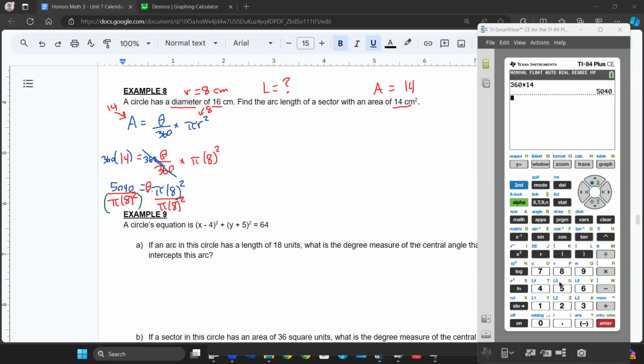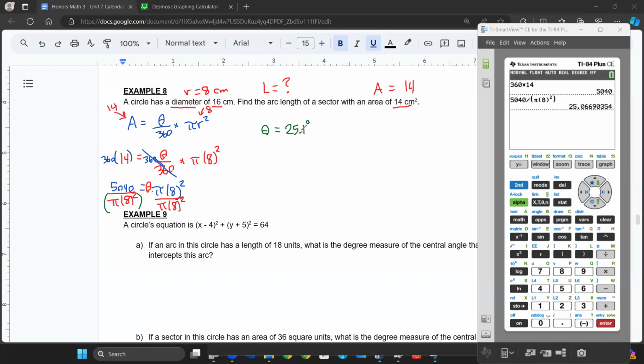We have 5040 divided by parentheses pi times 8, our radius, hit the square button, and then don't forget to close the parentheses. That'll give you a degree measure of about 25.066, so I'll round that to 25.1 degrees. Again, I'm going to use my exact number in the calculator, but theta will be approximately 25.1 degrees.